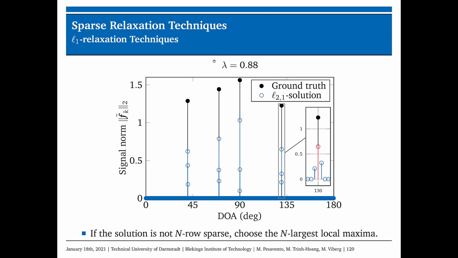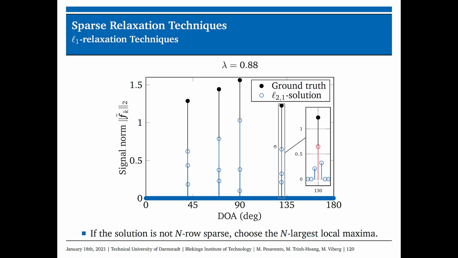To reduce the bias, we may want to reduce the value of the regularization term. For example, in the considered example, we reduce the value of lambda from 1.82 to a value of 0.88. In this case, the solution becomes less row sparse. We see, however, that non-zero rows around the true source rows emerge.